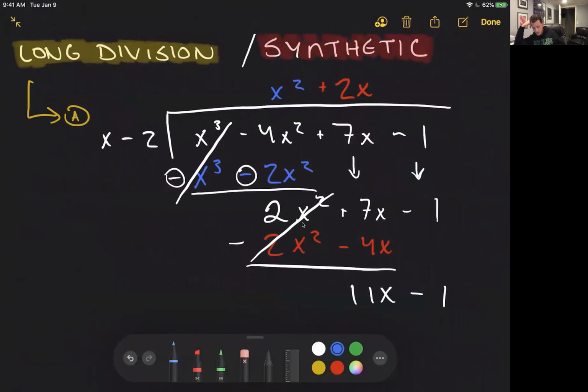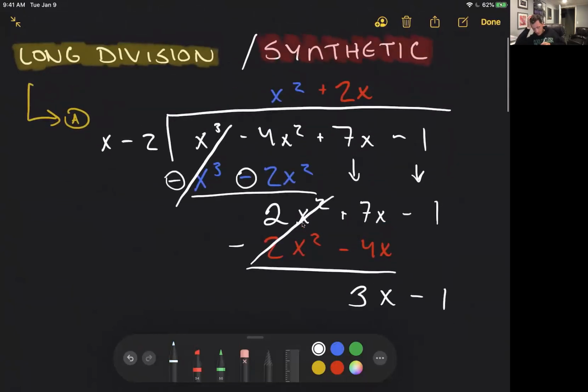So this turns into that, that turns into that. Oh, I found my mistake. This should be 3x. When I did the multiplication up here, I messed up. This should be 3x.